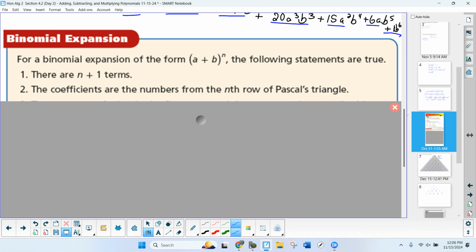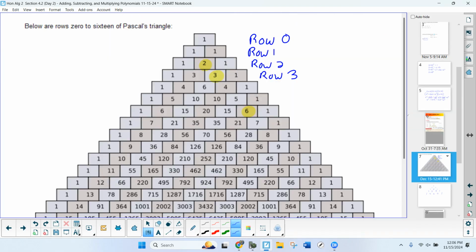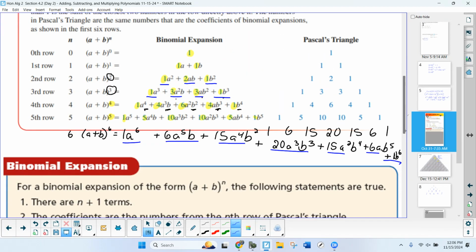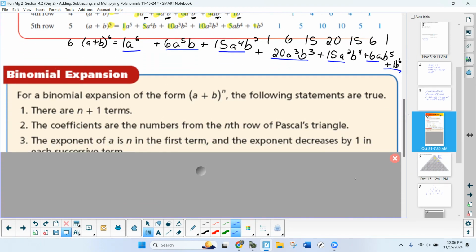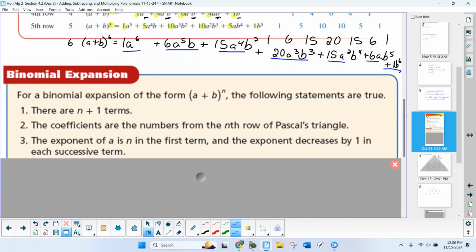Okay? The coefficients are from the nth row of Pascal's triangle. So if you're raising it to the 7th power, you go to the 7th row. And remember, the 7th row is always the one that has the 7 in it. Okay? Next thing. The exponent of a is n in the first term.